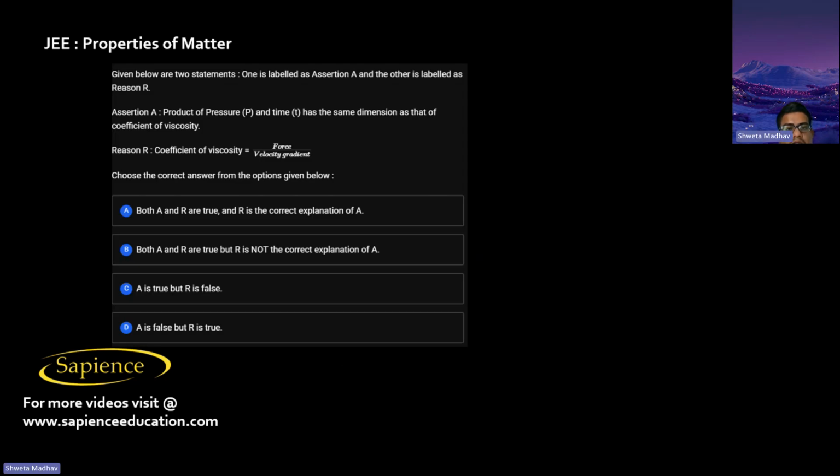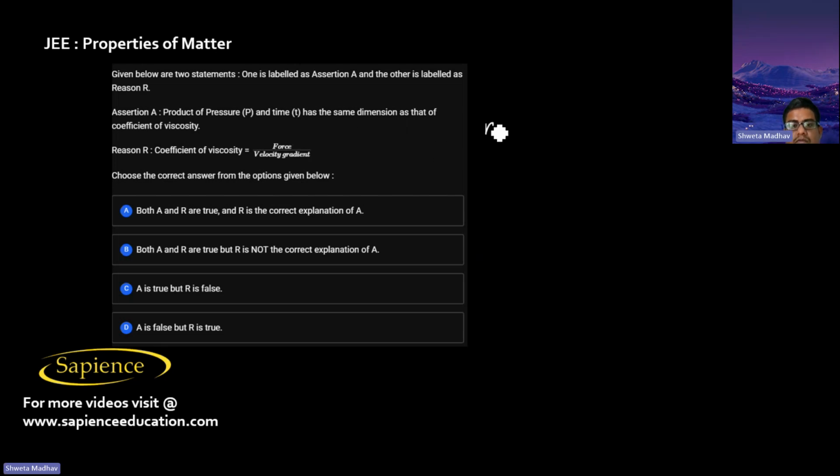Then it is told, given below are two statements, one is labeled as assumption. Here the assumption has been told that the product of pressure and time has the same dimension as that of coefficient of viscosity.